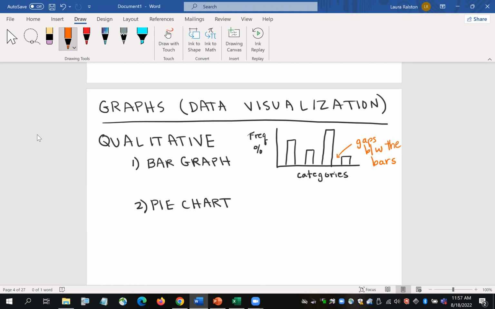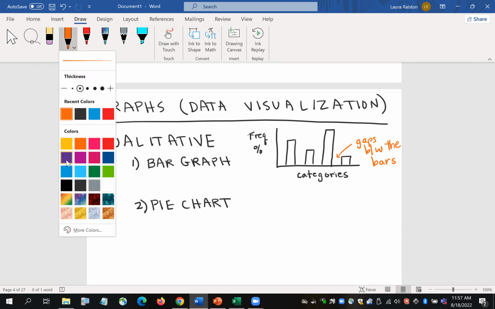The gaps are there because those categories are standalone: leisure and hospitality is a category unto itself, manufacturing was a category unto itself, retail trade was a category unto itself. So there's not that connectivity, and we represent that visually on the bar graph by leaving gaps between the bars.